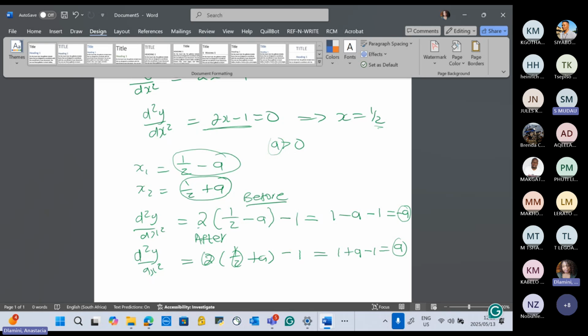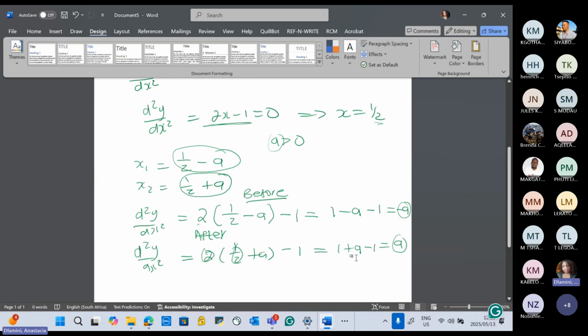Yes, ma'am. Therefore, the sign has changed. If the first one was plus A, the second one was minus A, the sign has changed. Since the answer here is positive and the answer here is negative, they are not the same. Therefore, you say x equals 1/2 is the point of inflection.